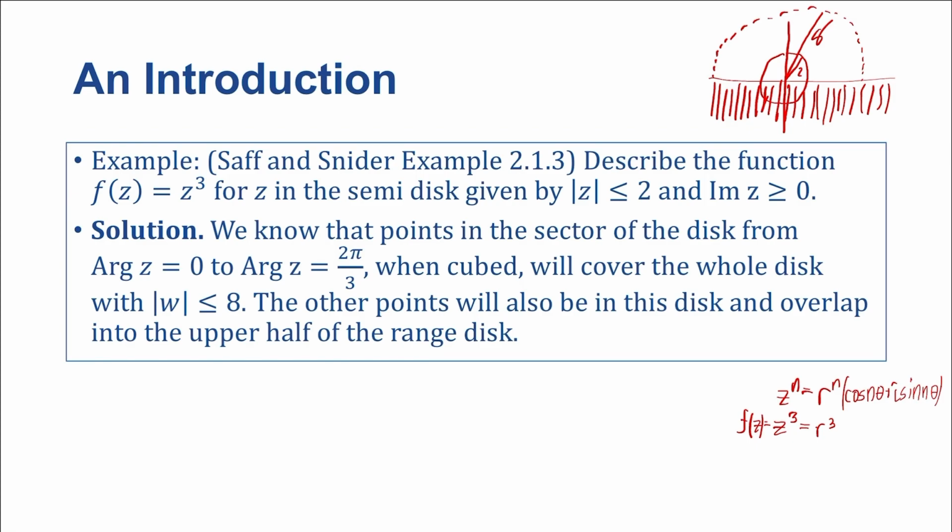Now we see that we're taking cosine of 3 theta plus i sine of 3 theta. And we note that if I have this theta here at 2 pi over 3, we are going to be going up to 3 theta.